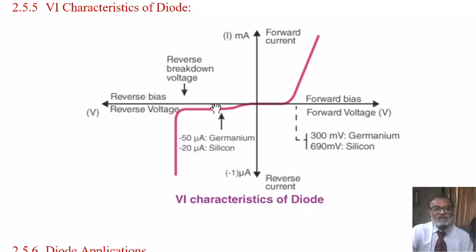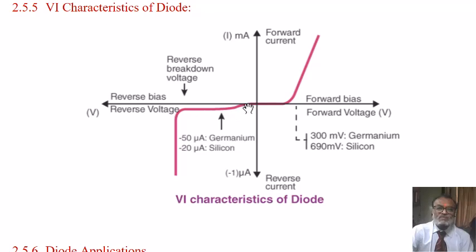Now, if you see the third quadrant, here we will apply the reverse voltage across the PN junction, that is negative x-axis. We are making anode negative with respect to cathode. And we observe that due to reverse bias, there is no charge carriers available and therefore no current flows.